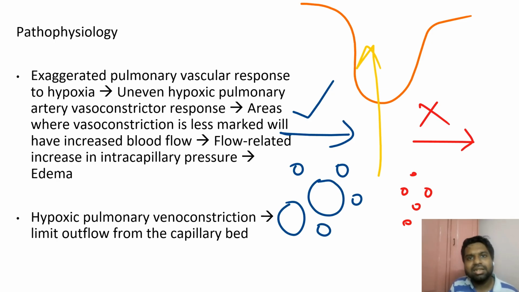So from the unconstricted vessels, there will be increased flow, and this flow will be responsible for raised intracapillary pressure, and that causes pulmonary edema. And now we also have another thing, that is pulmonary venoconstriction. Because of this, there won't be flow that side, and there will be stagnation in the capillary bed itself, and this further increases the pulmonary edema.